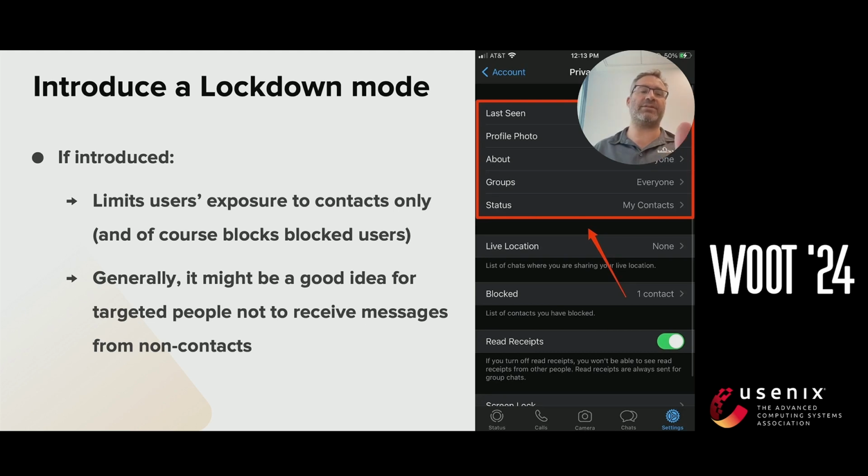Like you can see in the screenshot, you can set your status visibility just to your contacts. So if you have that option, you can say, okay, I only want to receive messages, and as a result also be available to query for keys, just from my contacts.